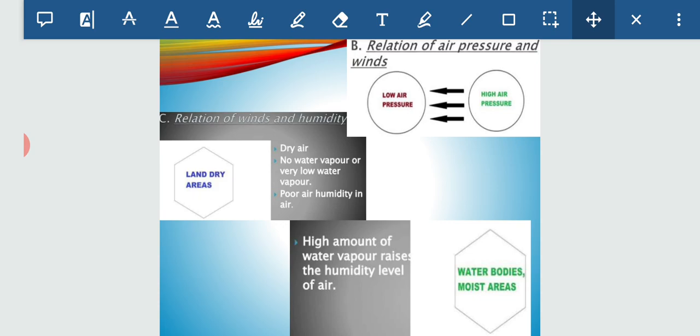And you will say, ma'am, dust particles are not there in the wet air. Dust particles are there in the wet air, but the water vapor drags or removes the dust particles and occupies their place, by pushing them away.